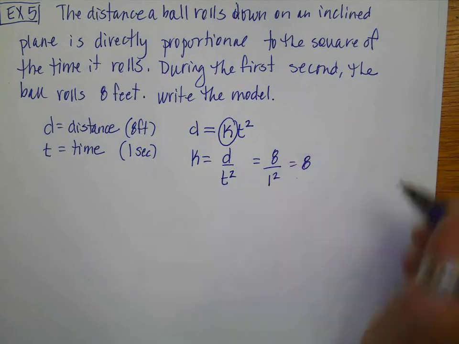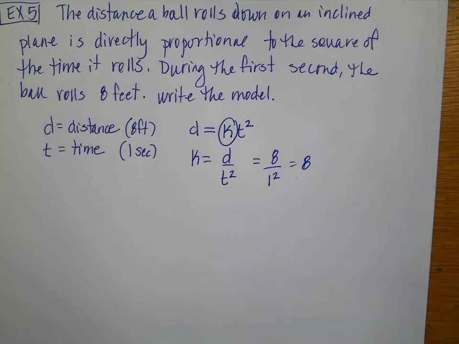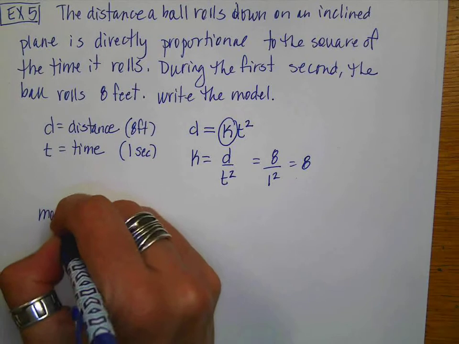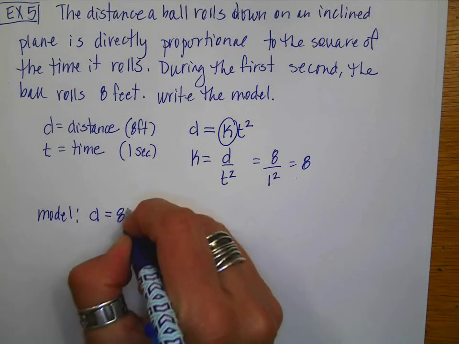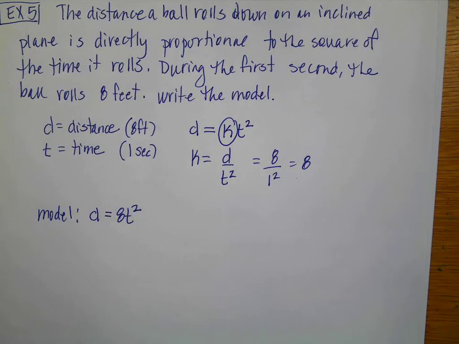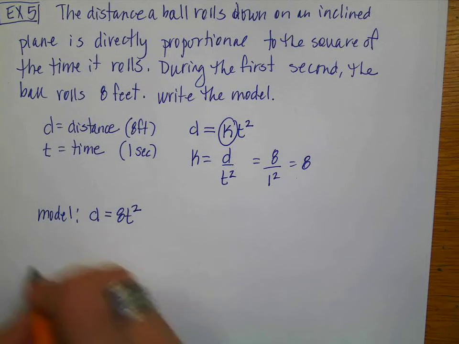So it's 8 divided by 1 squared. So K is 8. So then my model is going to be D is equal to 8 times T squared. And then that would be the model for that particular set of information.